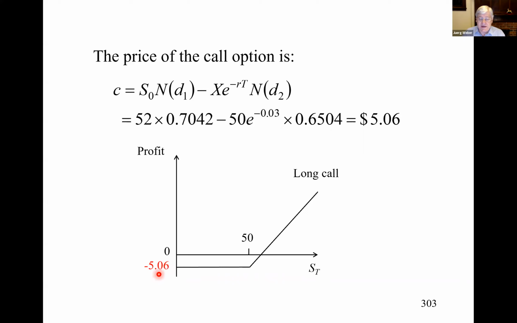But this option, with those data, has a value of $5.06. Here you have the strike price of 50. It's a call option. So that's how options are valued in the market.